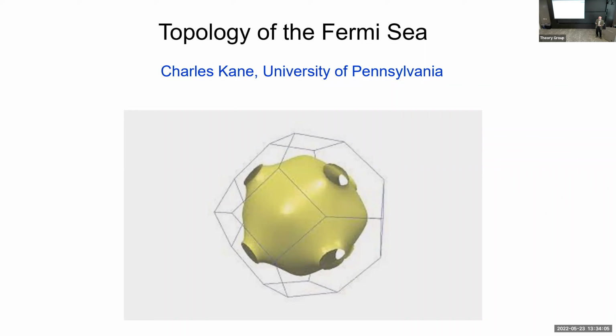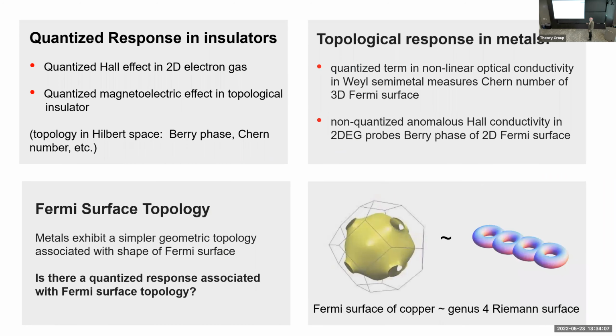Okay, good. Thank you. So I want to tell you about the topology of the Fermi sea. Now, topology, as applied to electronic structure of materials, has a long story, which really started with the quantized Hall effect in a two-dimensional electron gas, where one can understand that a two-dimensional band structure can be characterized by a topological invariant called the Chern number, and that shows up in the quantized Hall conductivity.